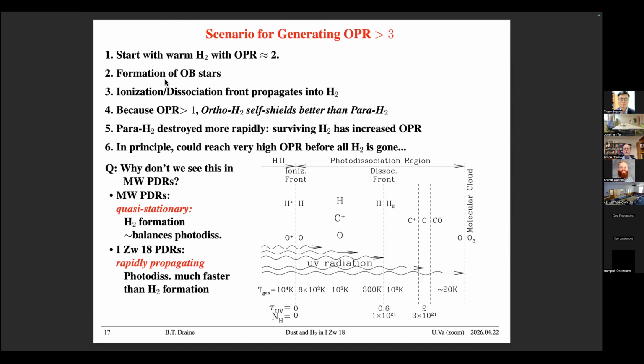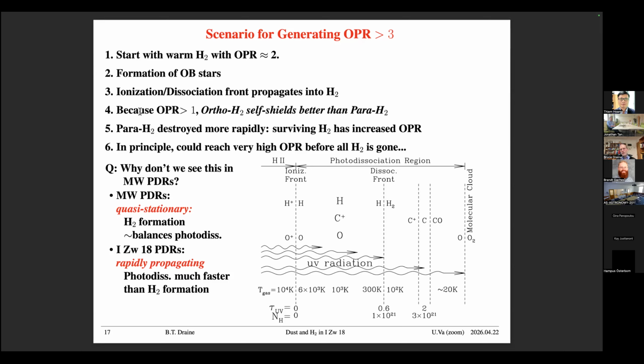Star formation begins. You make massive stars. They're generating extreme ultraviolet radiation, which both ionizes hydrogen and dissociates the molecular hydrogen, driving an ionization dissociation front into the pre-existing gas that was molecular before the stars were formed. Now, self-shielding comes into play. Ortho molecular hydrogen shields ortho.